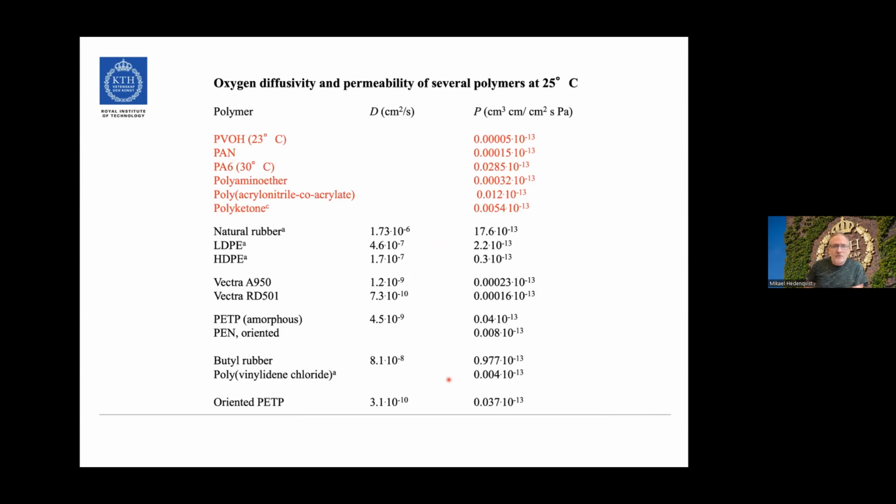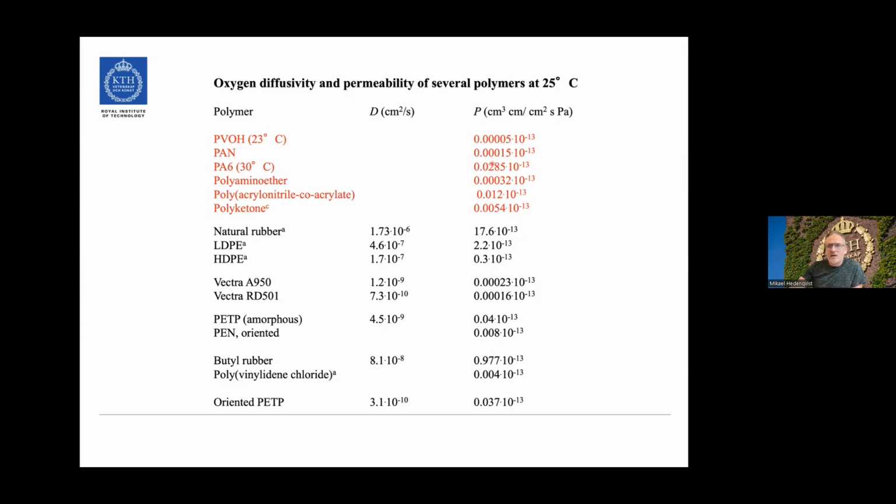This table also shows you the effect of polarity, and it's interesting to compare polyvinyl alcohol to polyethylene here, because they have similar crystallinity. The only difference is that you have the hydroxyl group in the repeating unit. And you can see the effect it has on the oxygen permeability.